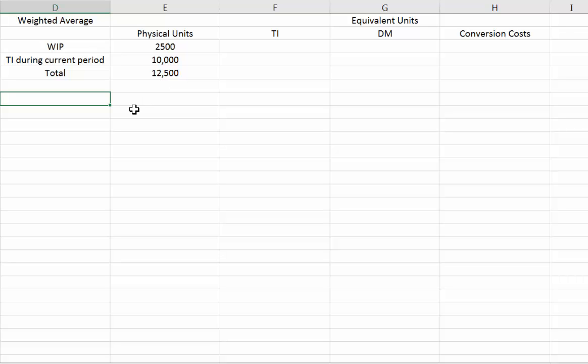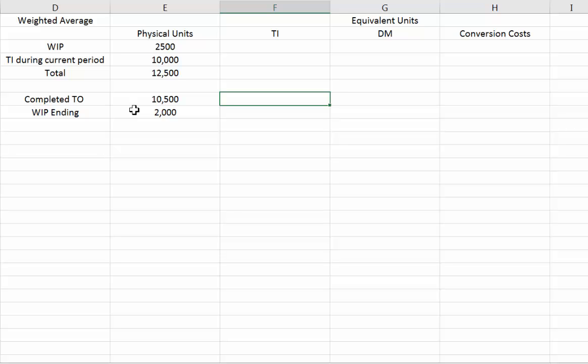So we have completed and transferred out, and then WIP ending. For completed and transferred out, the question says 10,500 physical units, and ending inventory we're looking at 2,000. Together they should be 12,500. That's basically the same numbers, so I'm not going to repeat that.